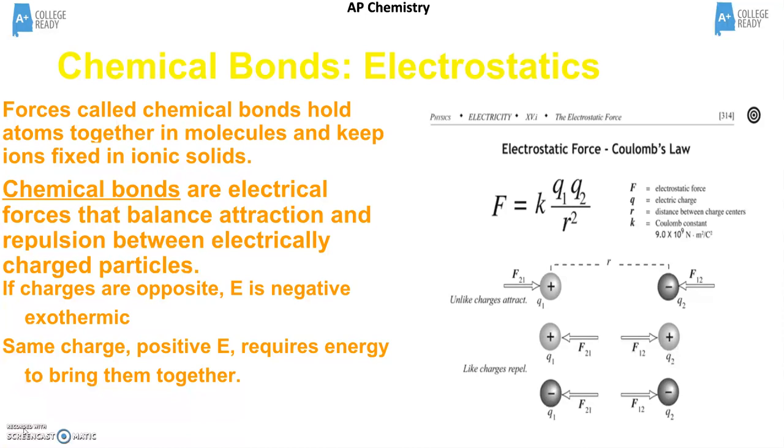But like charges repel: the proton to proton force in the nucleus will repel from one nucleus to another nucleus. And you will also have the electron to electron force within that atom and from one atom to another, which will also repel. So if the charges are opposite, the energy will be negative, exothermic. If the charges are alike, energy is required to bring them together, and it will be endothermic.